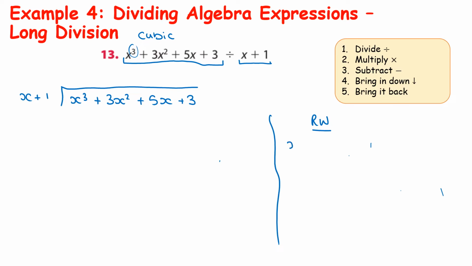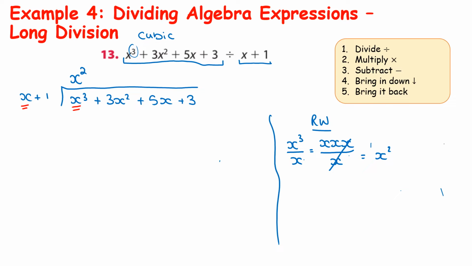Remember, we're dividing the first term by the first term. So our first term of that cubic divided by the first term here of that little expression. So we get x cubed divided by x. X cubed is x times x times x, all divided by an x, and that leaves us with x times x, which is actually x squared. So I put my answer up here.